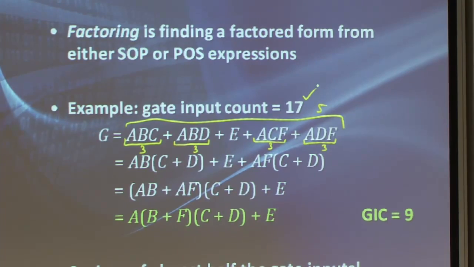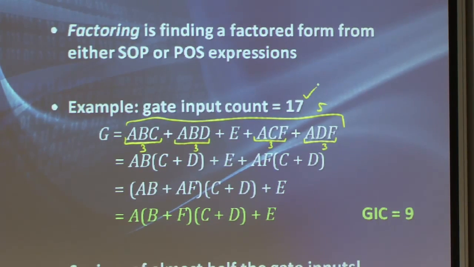Now I want to reduce this number, so I'll start factoring common terms. From these first 2 terms, I can factor out the common AB and then have C or D. The E stays.